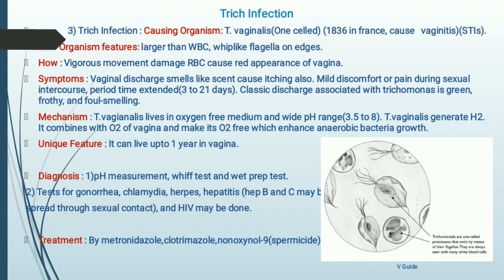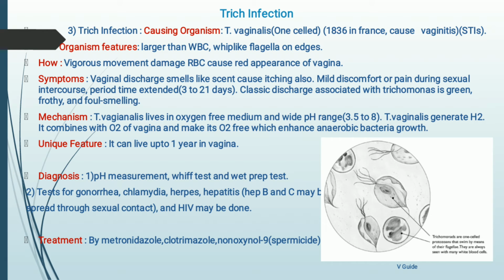Trichomonas vaginalis generates H2, and this H2 combines with the oxygen of the vagina. In the vagina there is an oxygenic environment, but this Trichomonas generates H2, and this H2 combines with the oxygen of the vagina, making H2O2, which is hydrogen peroxide.